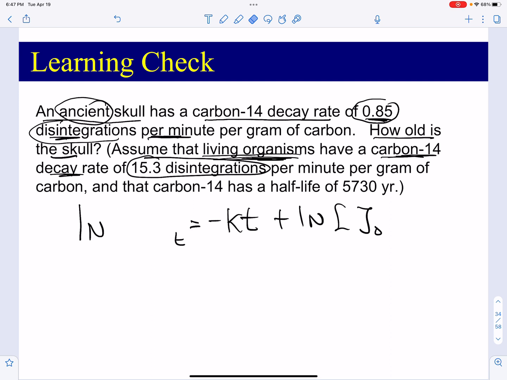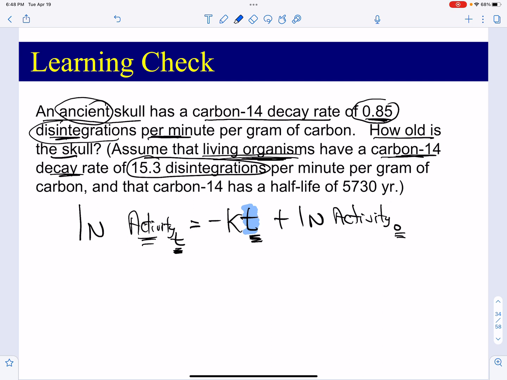In this case, we're measuring activity. So what you're measuring is the initial activity versus the activity at whatever time we're talking about. So you're looking for the time, for how old it is.